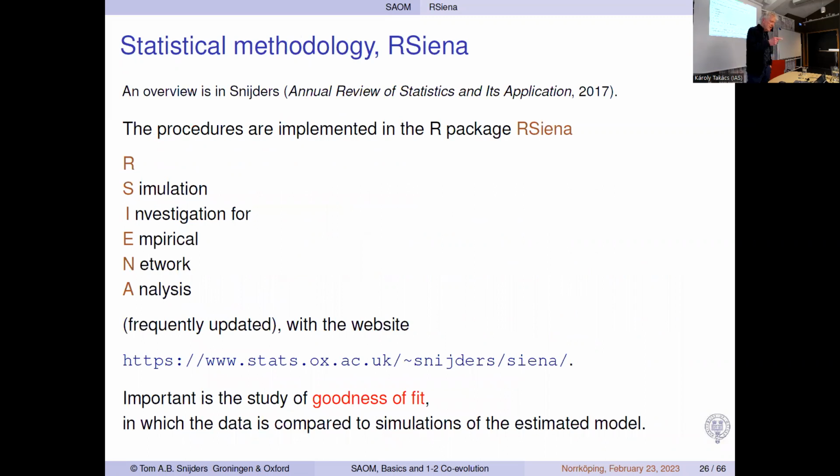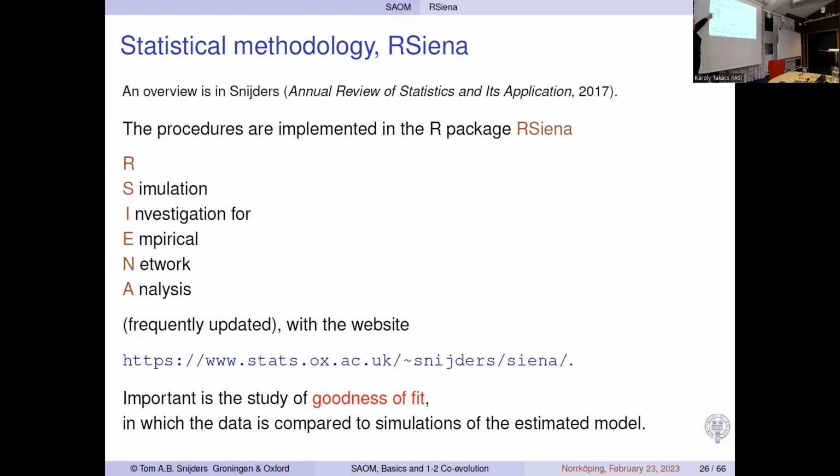This is the overview of the ideas behind the stochastic actor-oriented model. Siena is the package that implements this simulation investigation for empirical network analysis.